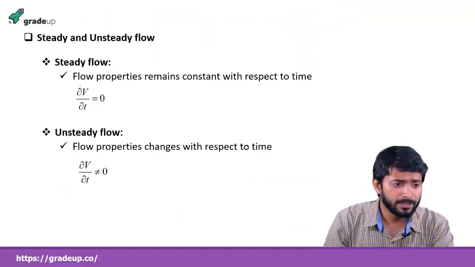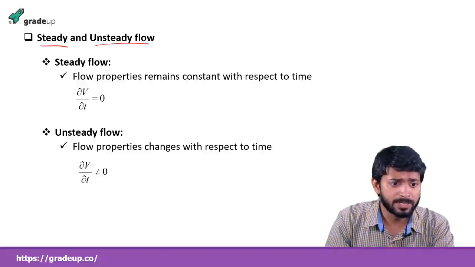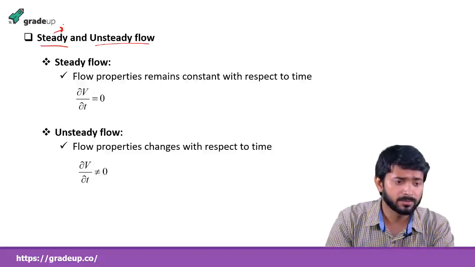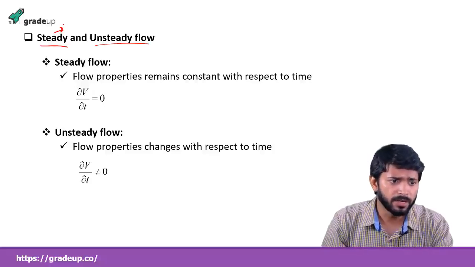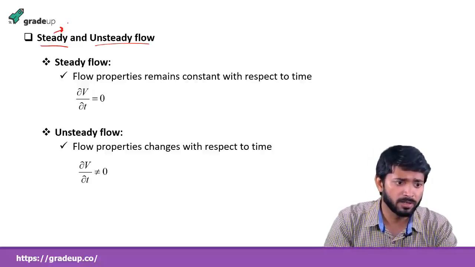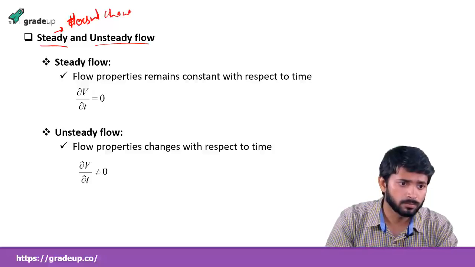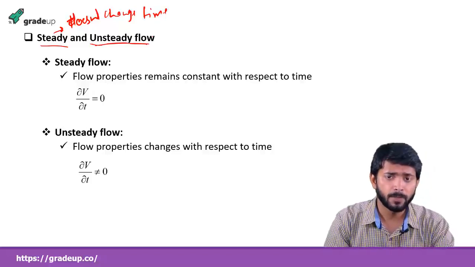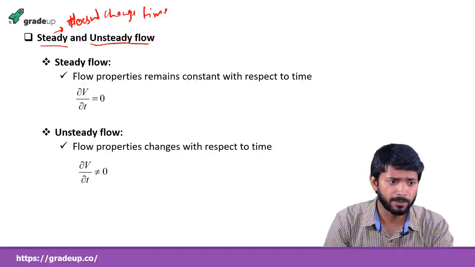The next type of flow we can categorize as steady and unsteady flow. Steady means the property doesn't change with time, and unsteady means the flow conditions change with respect to time.